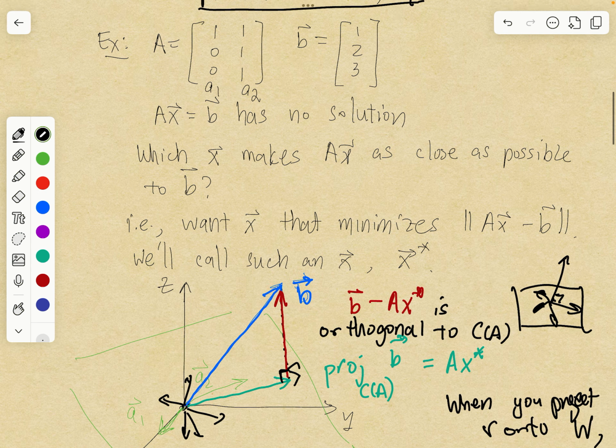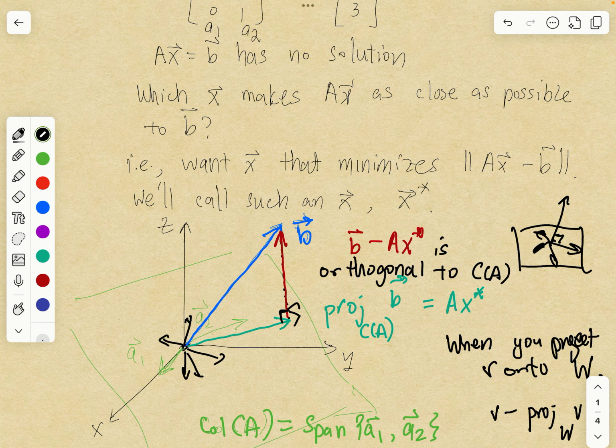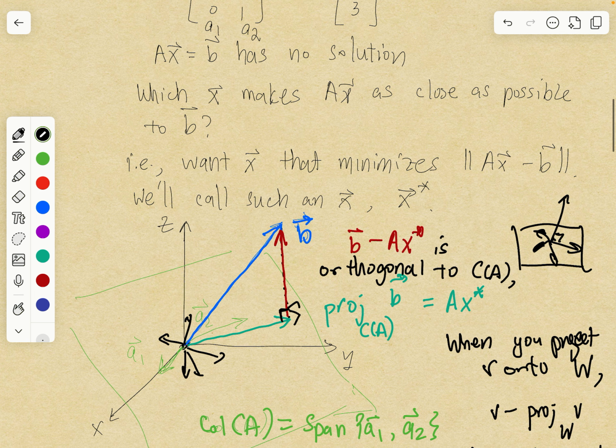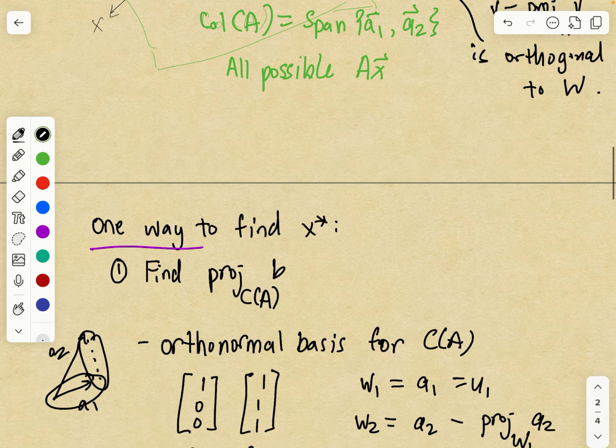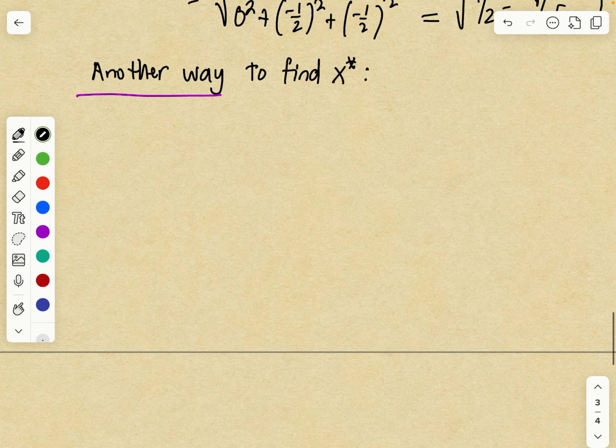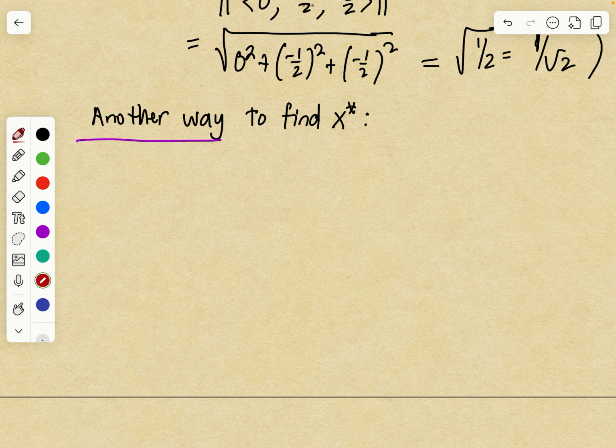Let's write that down. So it's in the null space of A transpose. And what that means is, now I'm going to go all the way back here, because I need space, that this vector B minus A x star is in the null space of A transpose.